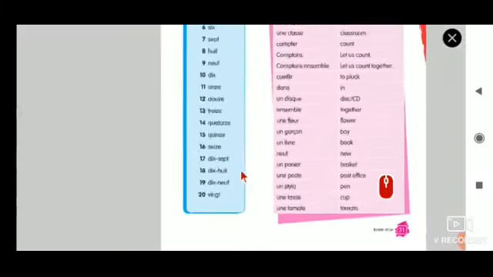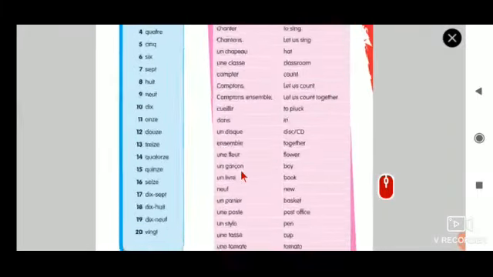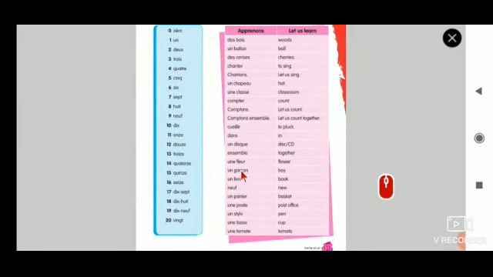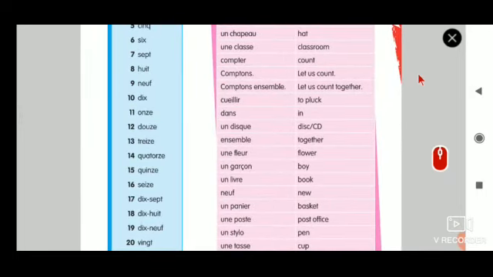Okay, now. Are you ready for the game? Now I'll point out one by one. You should point it correctly. The first word is un chapeau. Yes, chapeau. Okay, how many of you got it right?